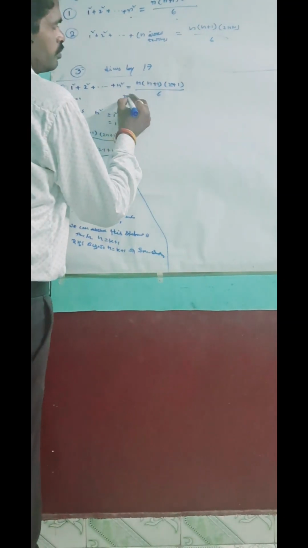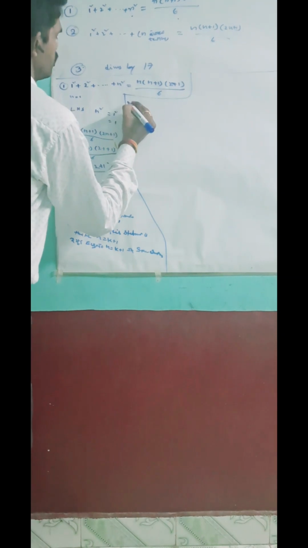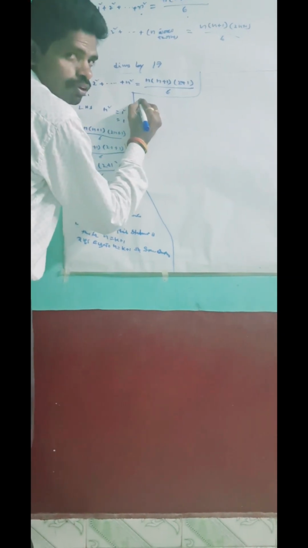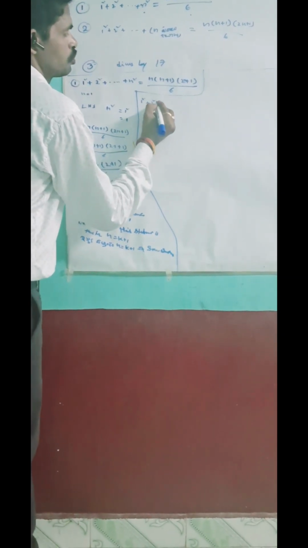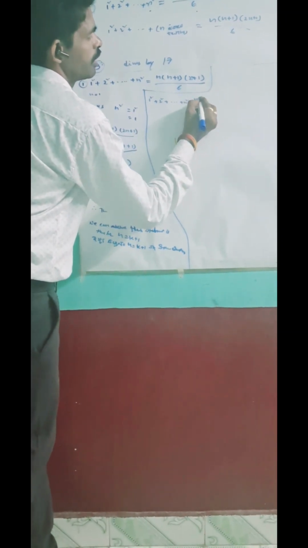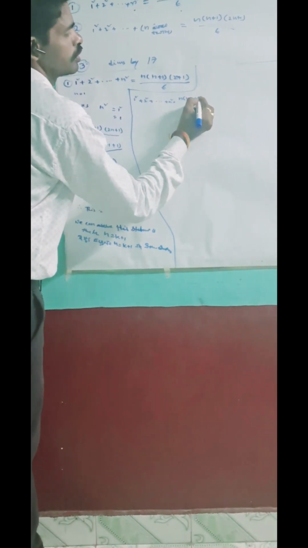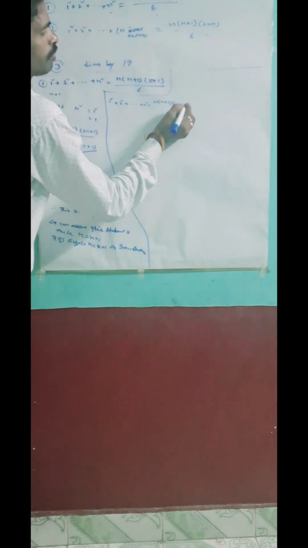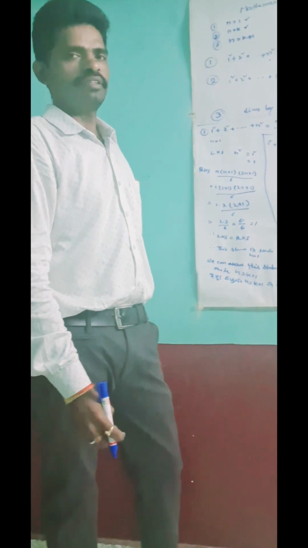సో ఇచ్చిన దత్తాంశం వాట్ ఈస్ దట్? 1 square plus 2 square plus so on plus n square is equal to n into n plus 1 into 2n plus 1 by 6.